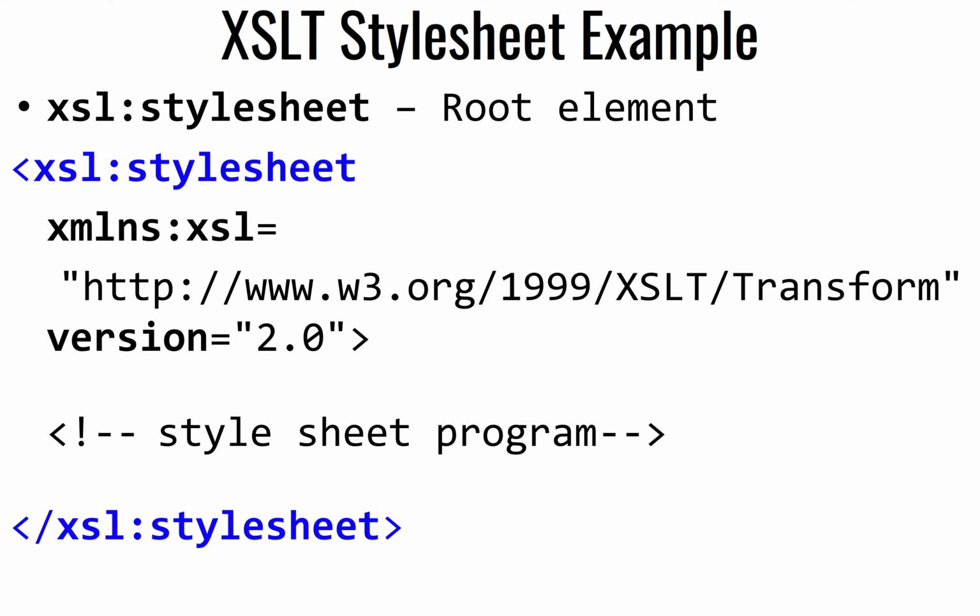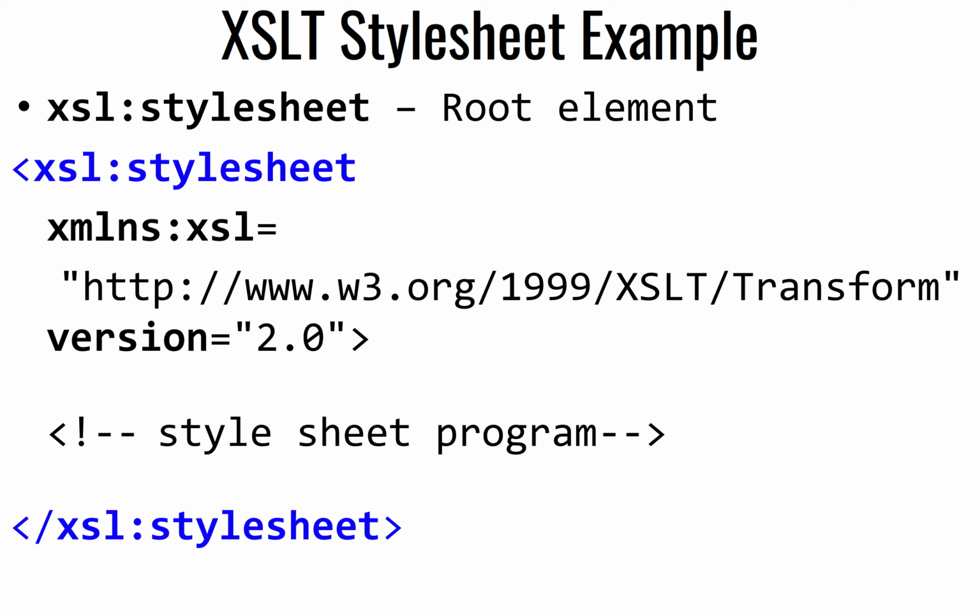So it needs to be able to distinguish which XML elements are the program and which XML elements are the output. So it needs some kind of escape mechanism to distinguish between two languages, where one is used as the program, and some of the XML document is used as the template that is being generated.